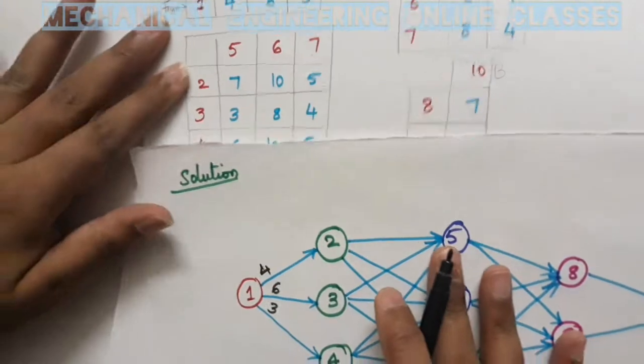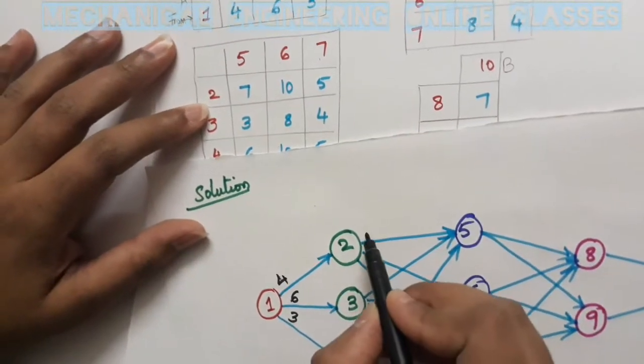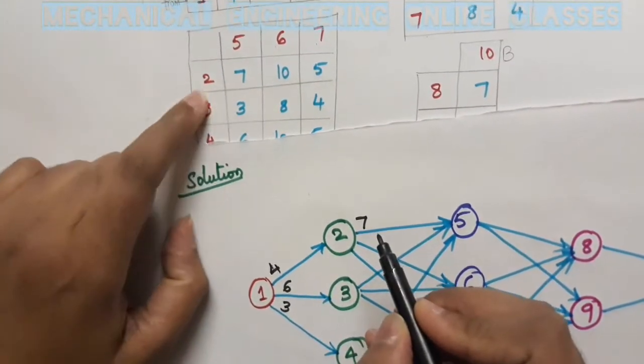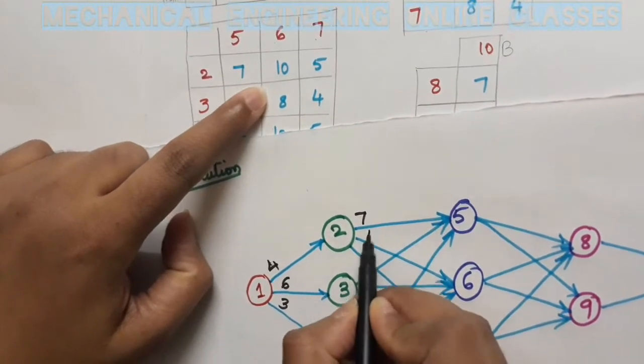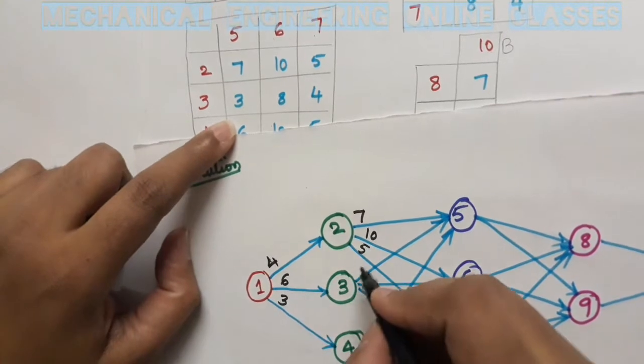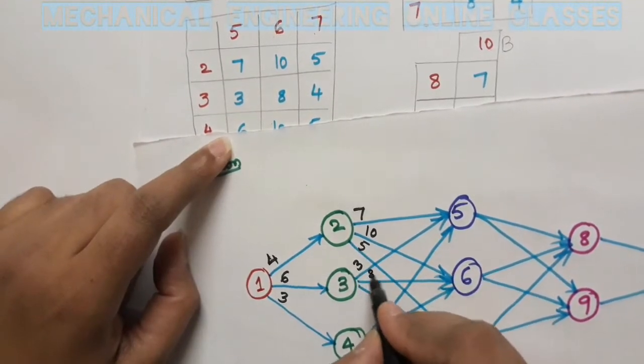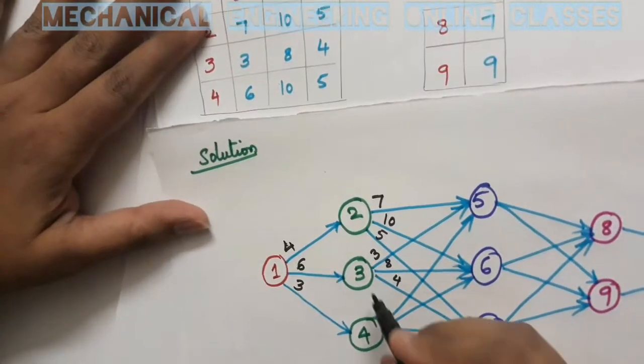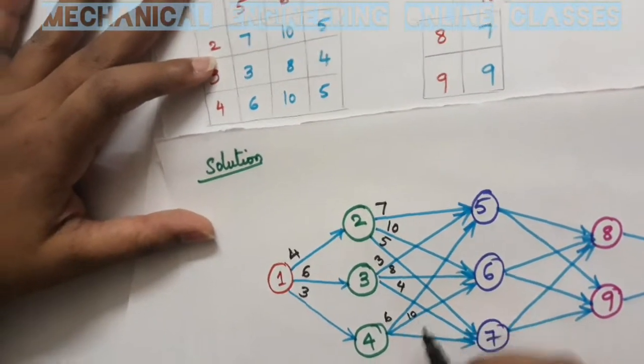So similarly from 2 to 5, the kilometers is 7 from the table. From 2 to 6 it is 10. From 2 to 7 it is 5. So I will be writing all these kilometers from the given table.